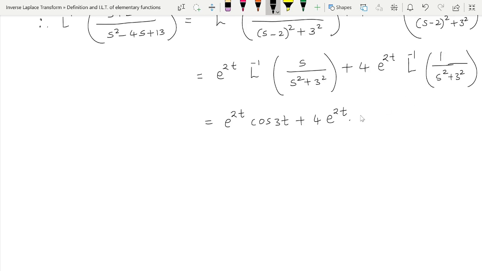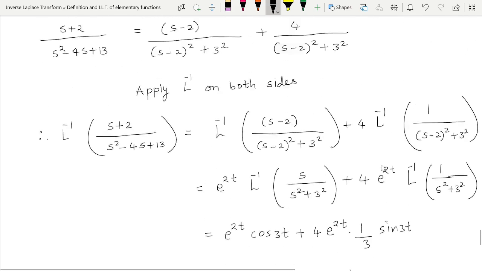So it will be 1 upon 3 sine of 3t. If we further simplify it, it is e raised to 2t cos of 3t plus 4 upon 3 e raised to 2t sine of 3t. And this is our required inverse Laplace transform of the given function.